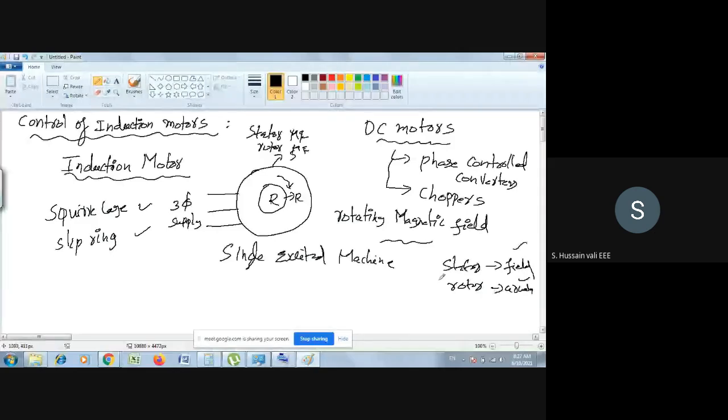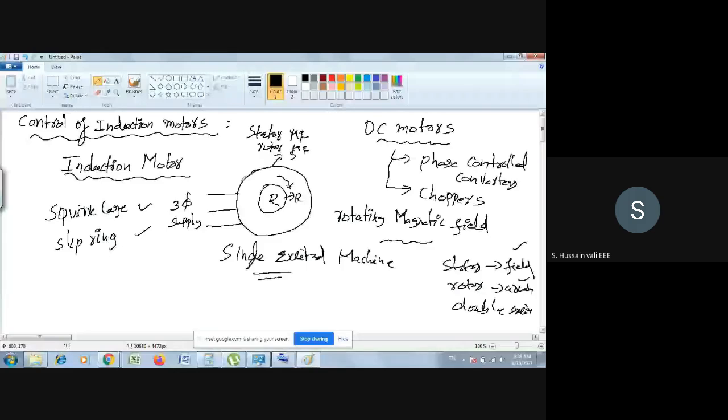So DC motors are double excited machines: two excitations, one for the field and another for the armature. Whereas your induction motor is a single excited machine because you are giving supply only to the stator. You don't give any supply to the rotor.